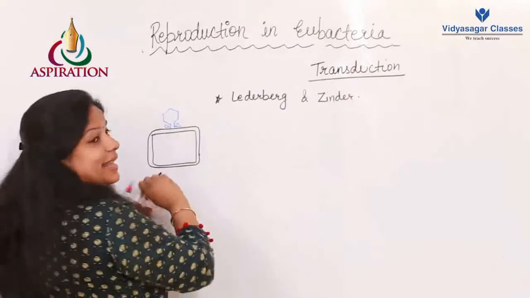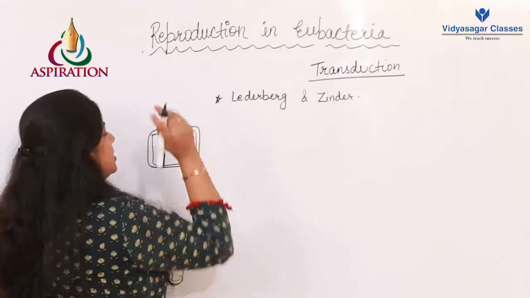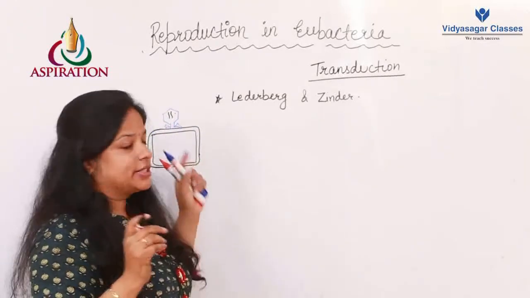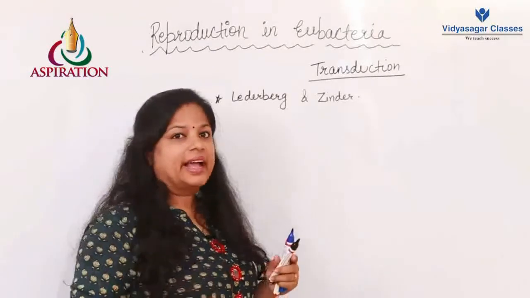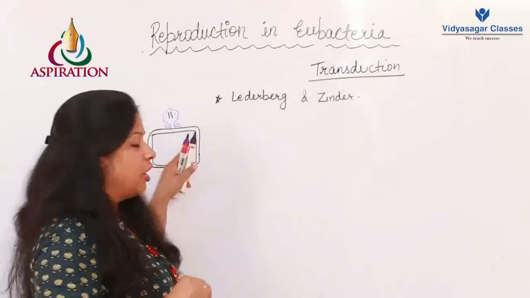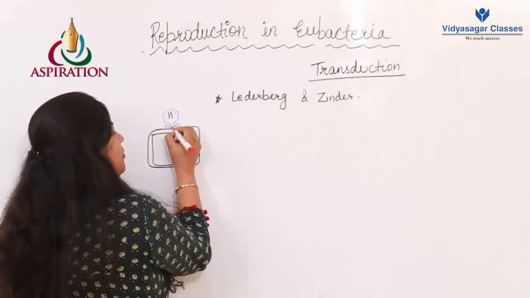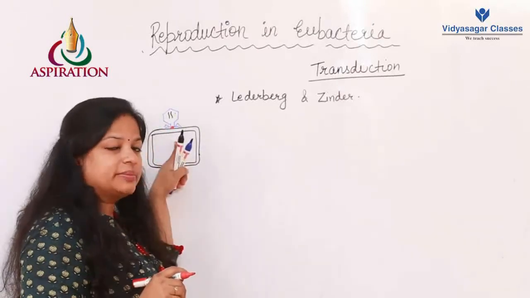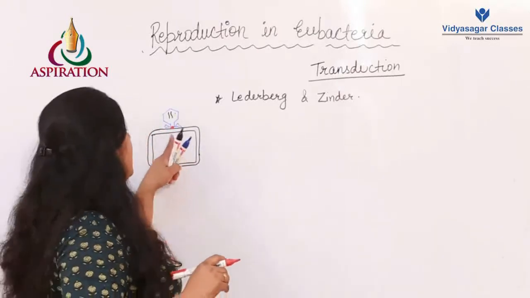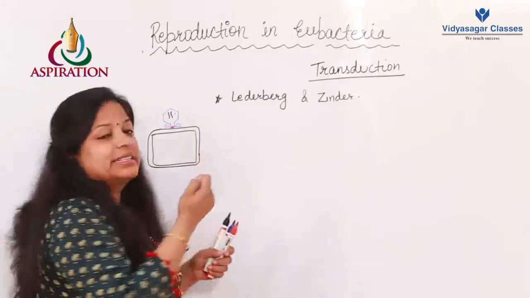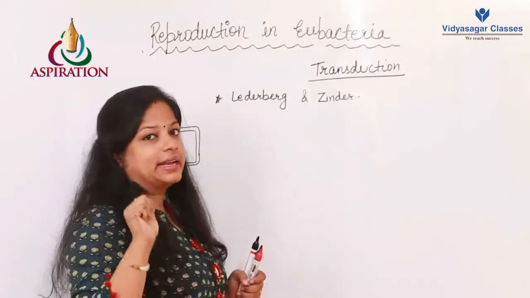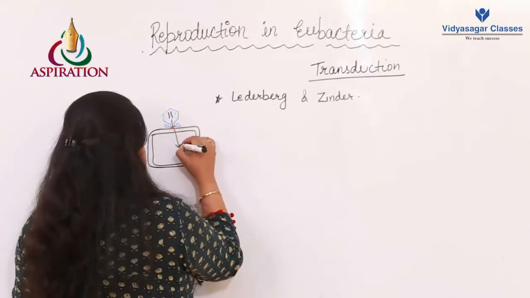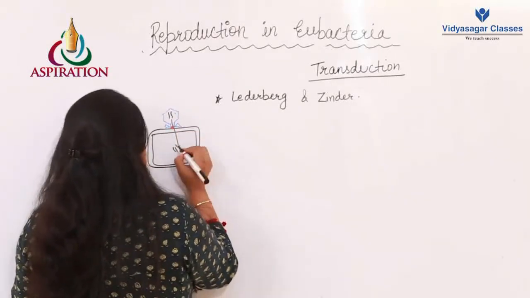The bacteriophage infects the bacteria. The virus scans for special receptors where it can get attached. After being attached on the bacterial cell wall, with the help of lysozyme it degrades the bacterial cell wall, which is made up of peptidoglycan, and it squeezes its nucleic acid inside the bacterial cell.